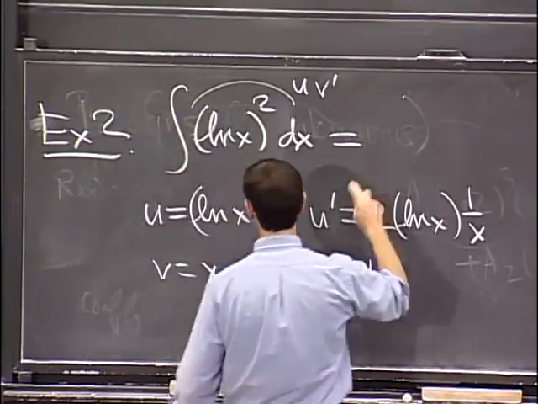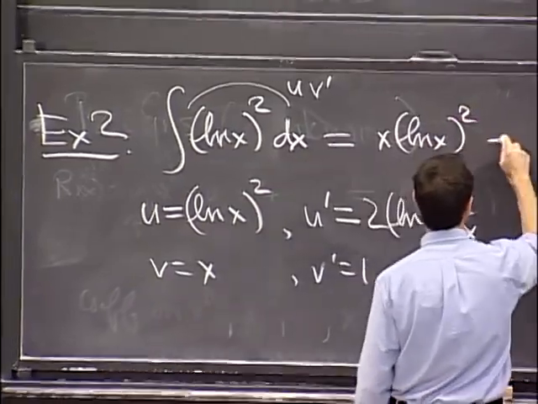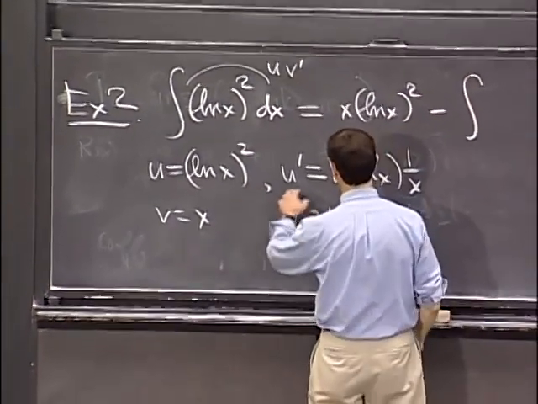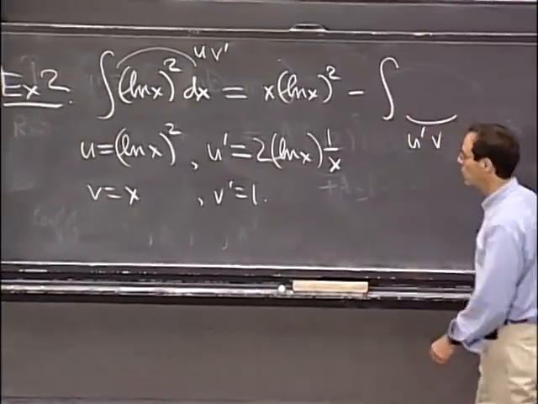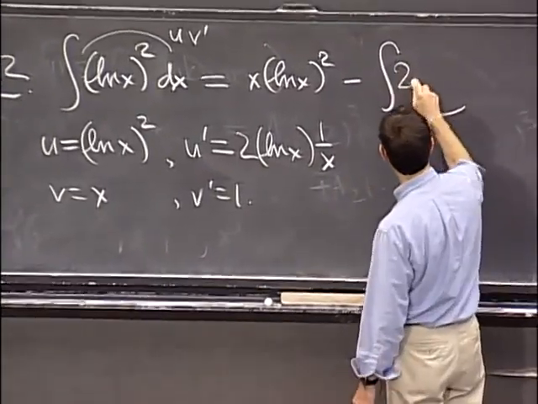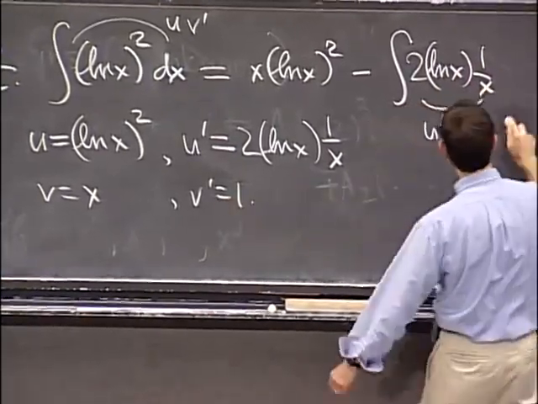And so the formula is that this is x (log x) squared, minus the integral of, well, it's u prime times v, right? That's what I have to put over here. So u prime is 2 log x times 1 over x, and v is x.